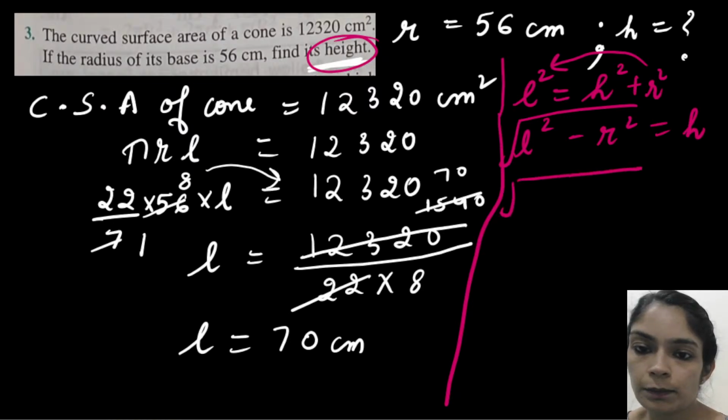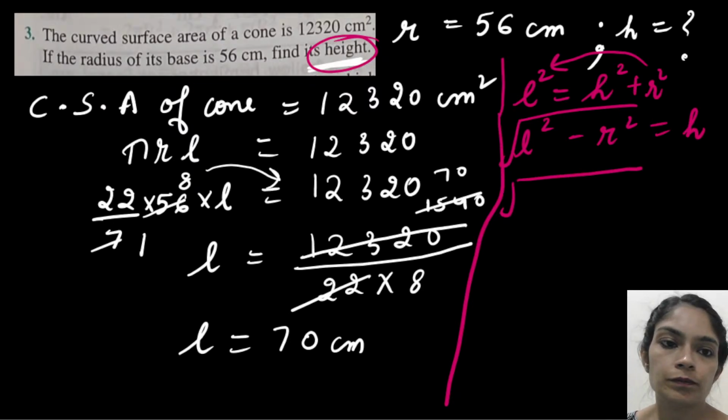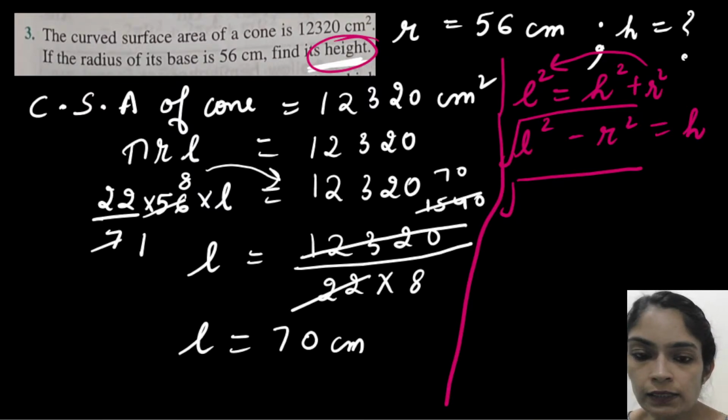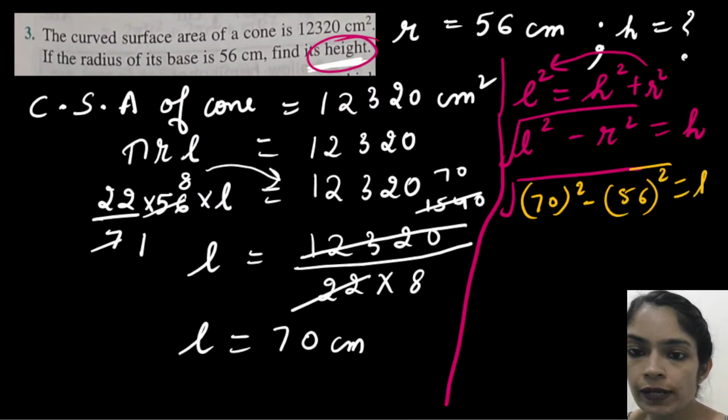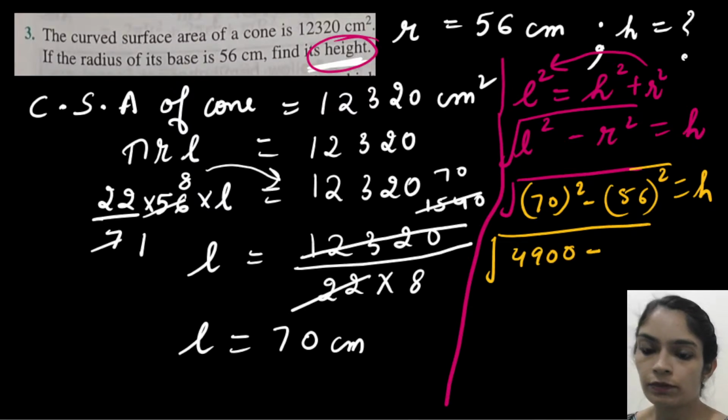So let's substitute their values. L's value we found, 70 square. R's value is given to us as 56 square. So this is equal to H. 70 square we know, 7 into 7 is 49, 2 zeros we can write. Minus 56 square.